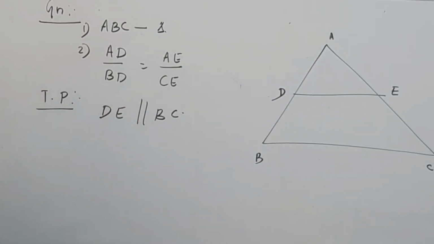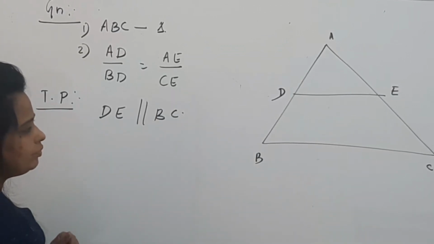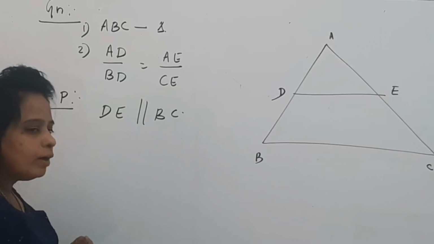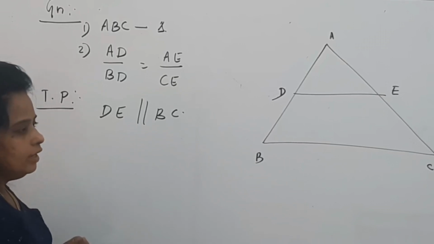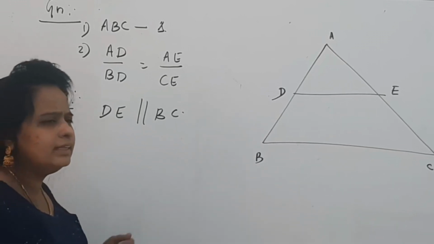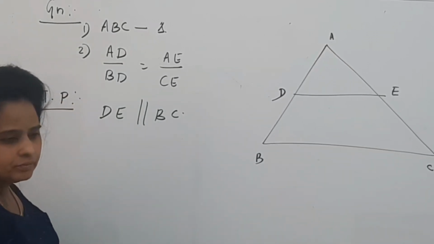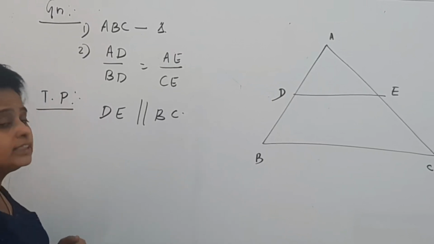Correct? So I have to prove DE parallel to BC. Suppose I have drawn the line from the point D. And if that DE, the line I am drawing, is not parallel, what would happen? So that's how I am going to prove this theorem.